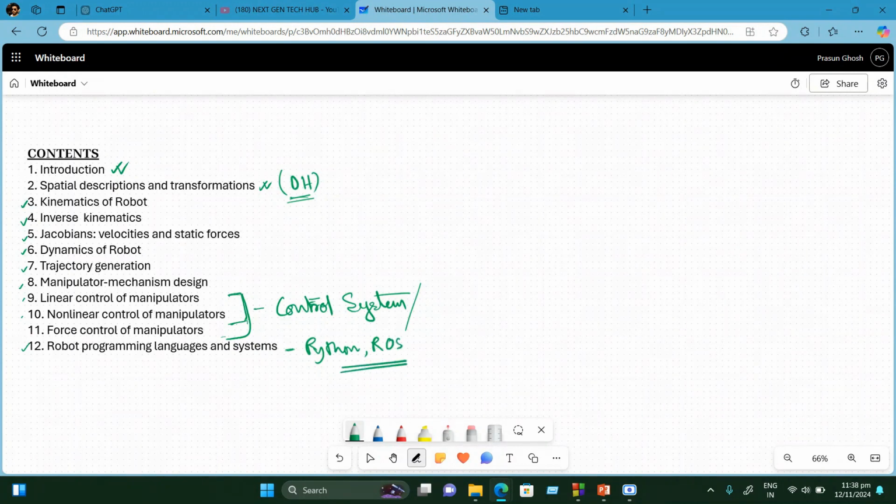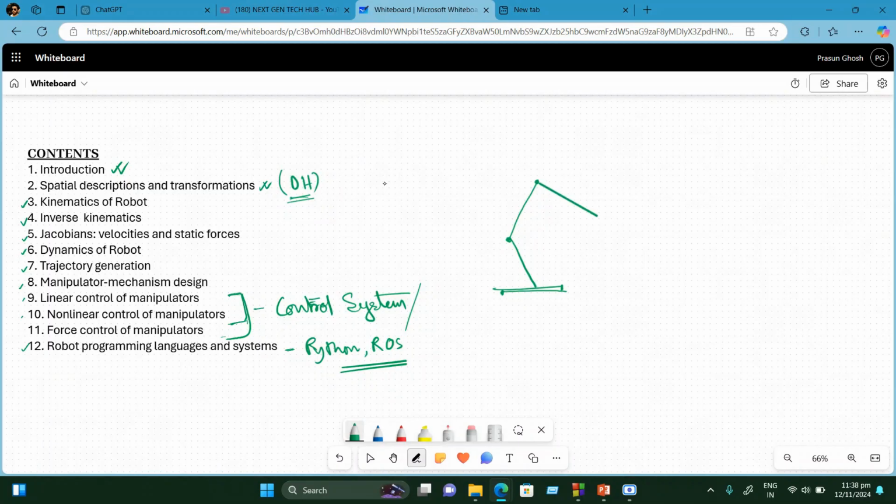That's all. Now, I told you that we will study kinematics of a robot and inverse kinematics. So let me give you a brief idea in a very short time. Imagine that this is a three-link robot. Generally, in industries, six-link robots are used.